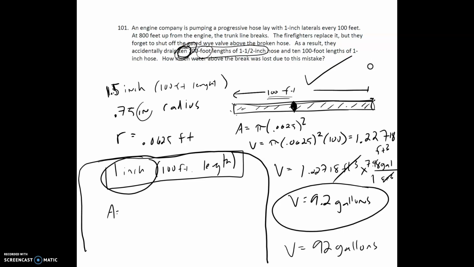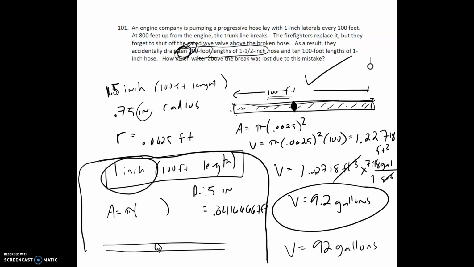Okay, so for this one, the diameter is 0.5 inches, which in feet, 0.5 divided by 12 is 0.04166667 feet. Right, so the area of this other hose, this one circle here, would be pi r squared, pi that thing squared, right?